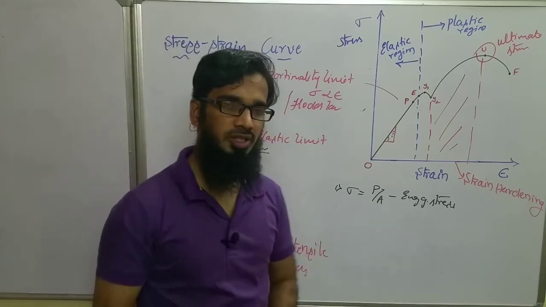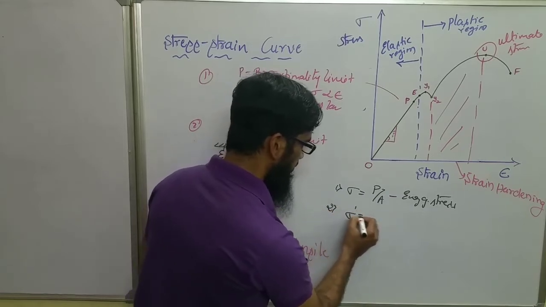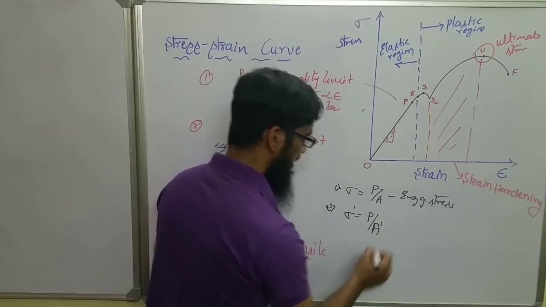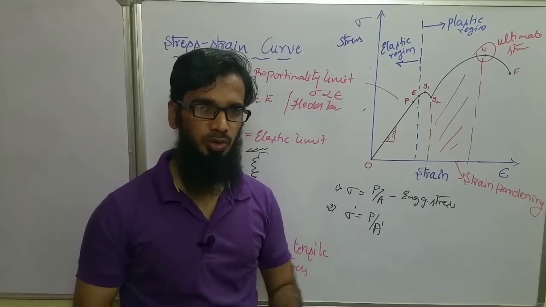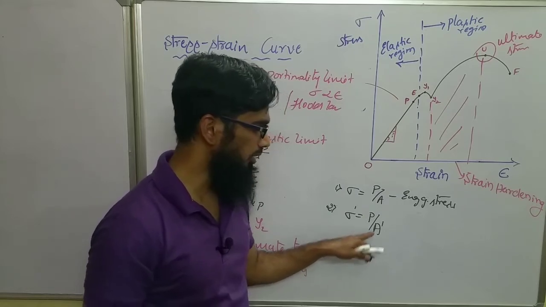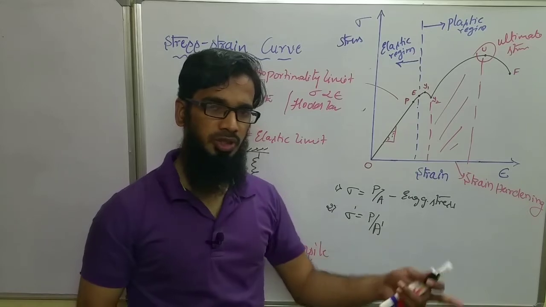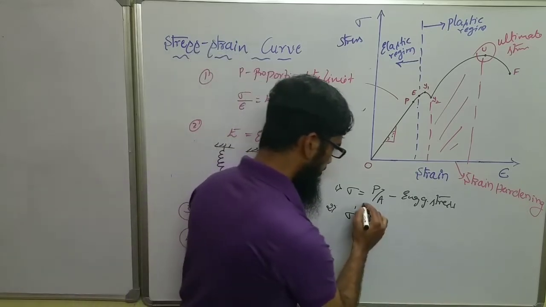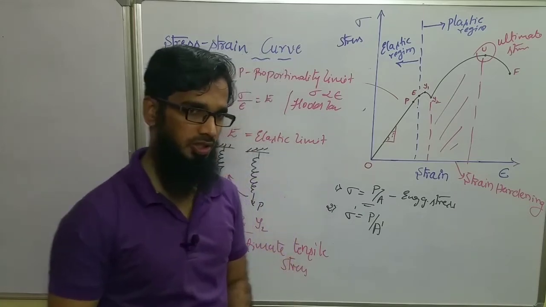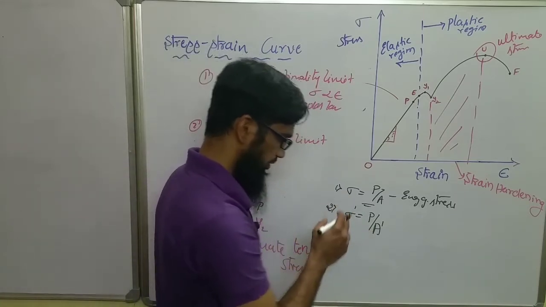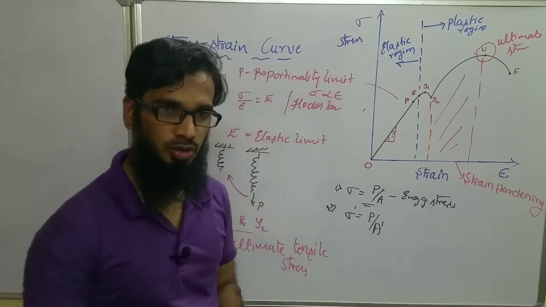The corresponding strain is called the engineering strain. The second one is sigma dash equal to P by A dash. P varies because we apply the load gradually, but here the area also changes; we are not taking the original cross sectional area.